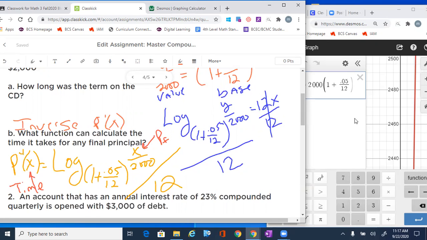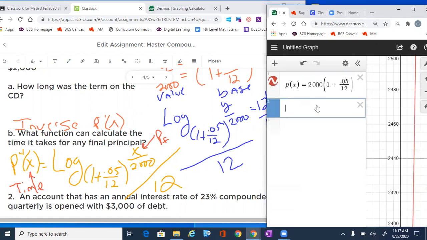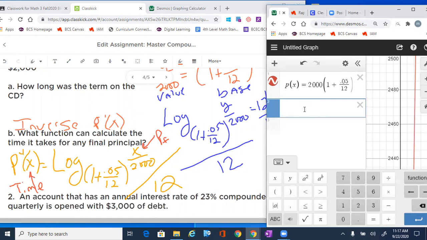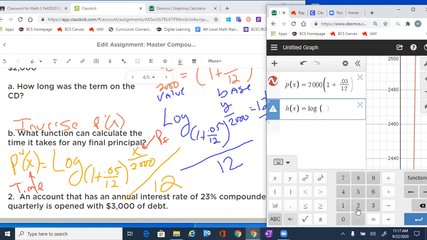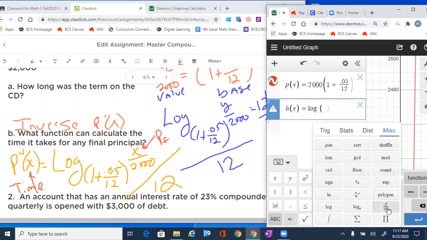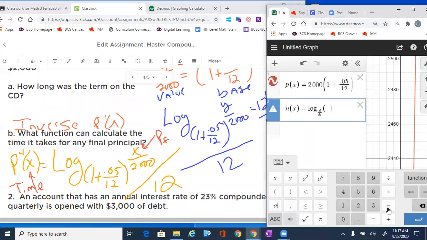Let's go over to Desmos. We can verify that they're inverses, because that's always a great thing to do. And as we do that, remember, I'm going to go ahead and name it, just give it another function name. And I'm going to put in the log first. I'm going to come in, I'm going to go function, down to log A, and then I'm going to come back to this d over dx right there.